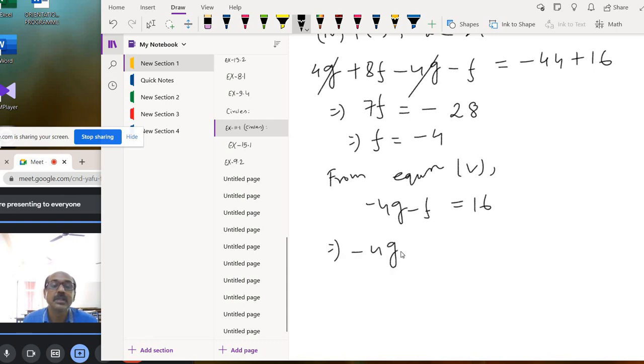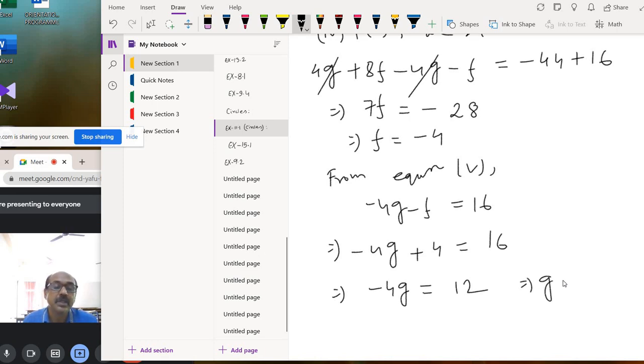So minus 4g plus 4 is equal to 16. So minus 4g is equal to 16 minus 4, which is 12. So g is equal to minus 3.